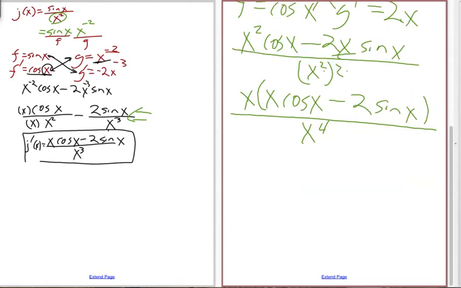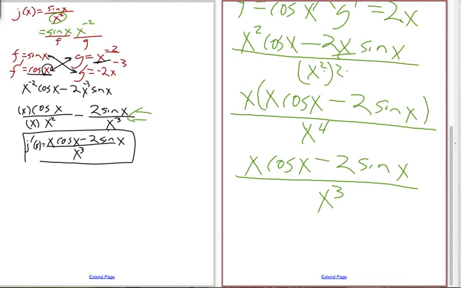And x over x to the fourth will give me x cosine of x minus 2 sine of x over x to the third. And this is a good thing, because if you take a look, this one looks just like this one.